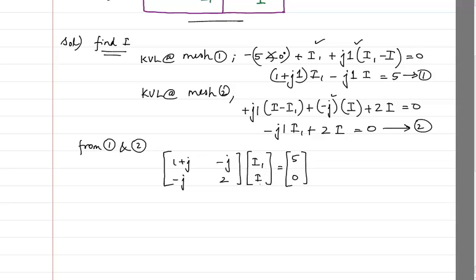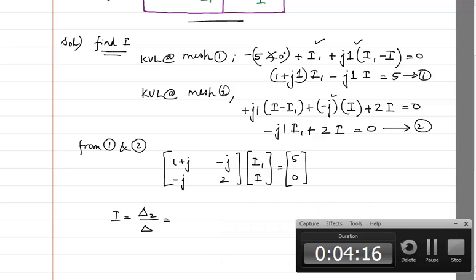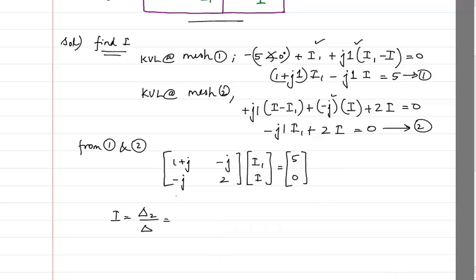So what do I have to find? I have to find I. Finding I means I is going to be delta 2 by delta, where delta 2 will be replacing the second column with this one. So 1 plus j, minus j, and this is going to be 5, 0.